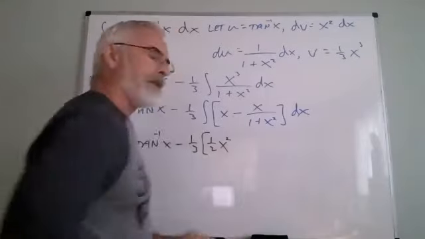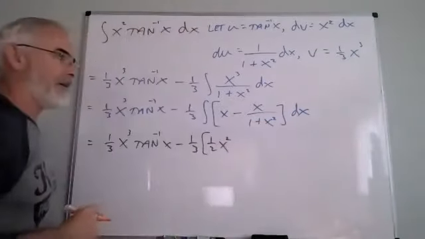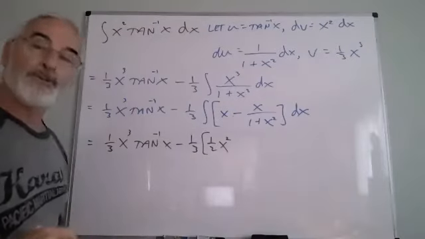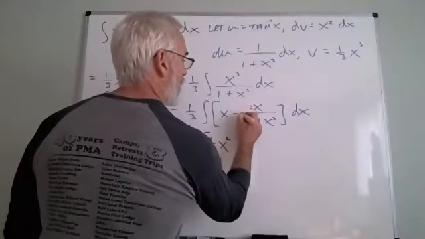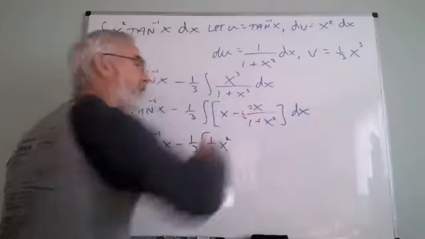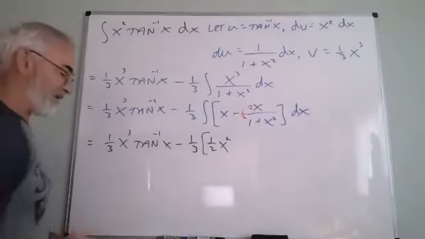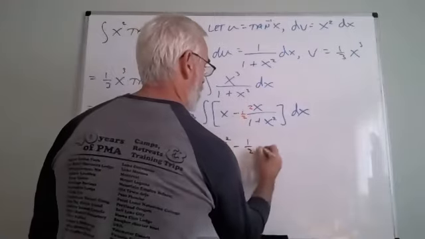Well, think u substitution. If my u is 1 plus x squared, then my du would be 2x dx. So I can simply write a 2 and a 1/2. And then my antiderivative of that term will just be the natural log of 1 plus x squared. And I have that 1/2 now.